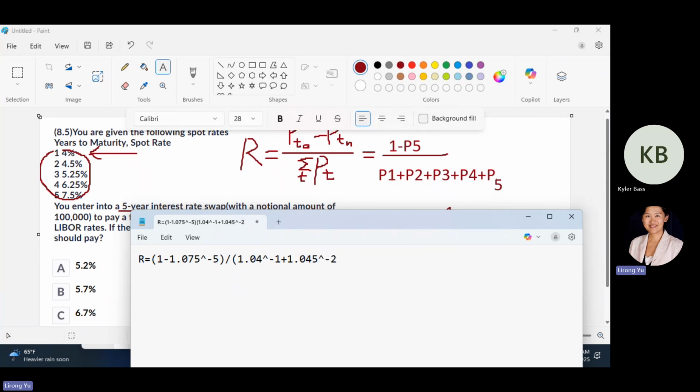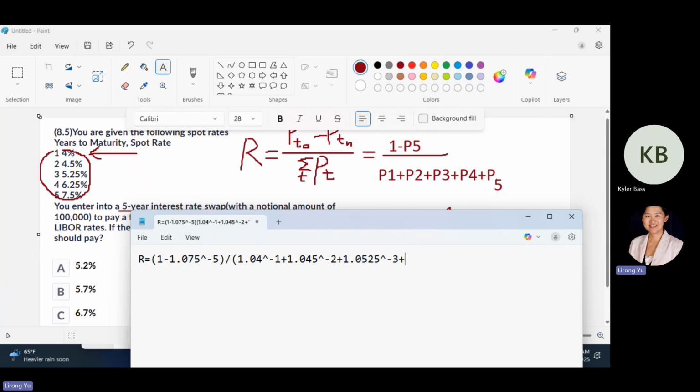The term structure means that the interest rate is for that time period. If you have a longer time period, you have a different interest rate. 1.0525 is the investment for 3 years, so you discount to -3.